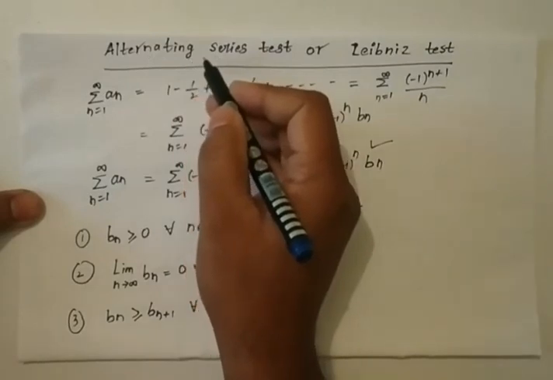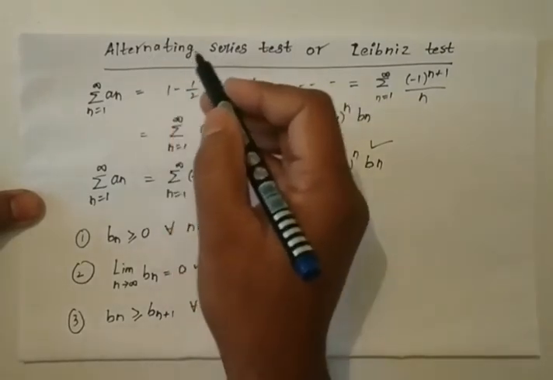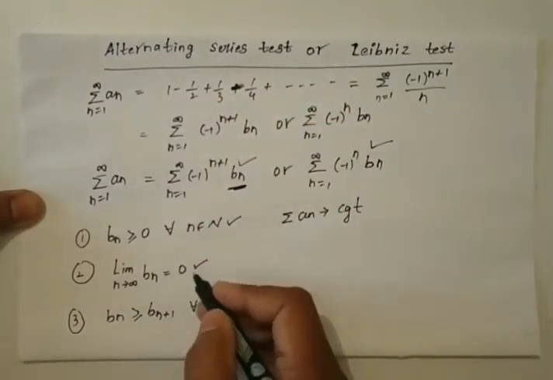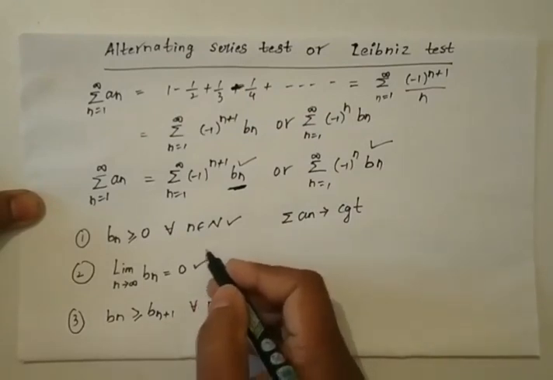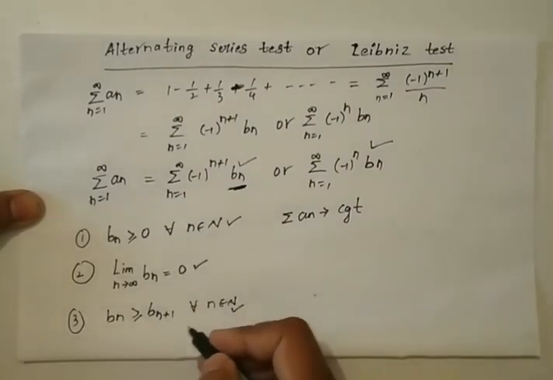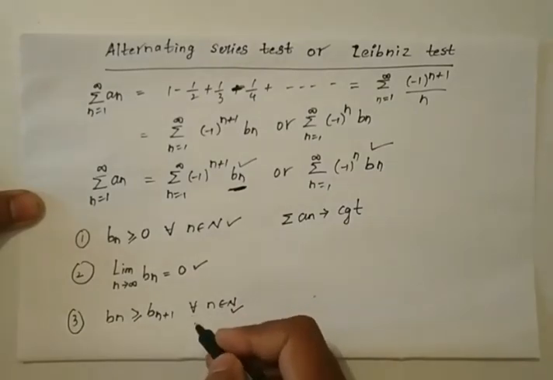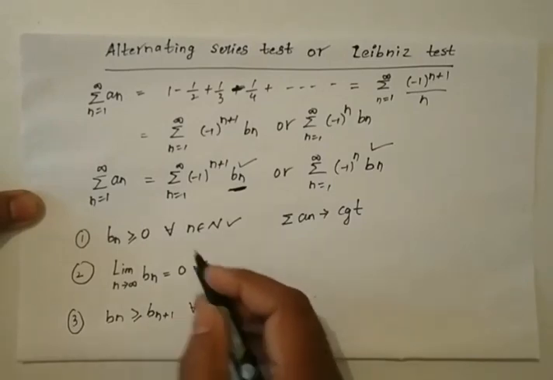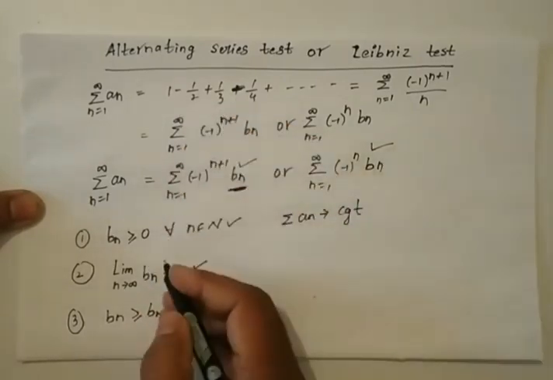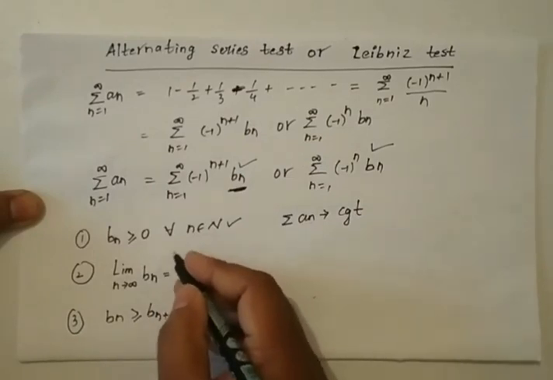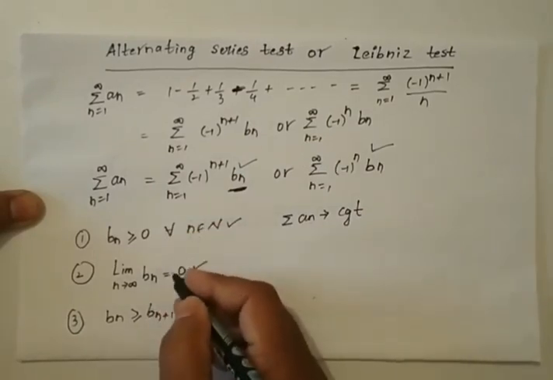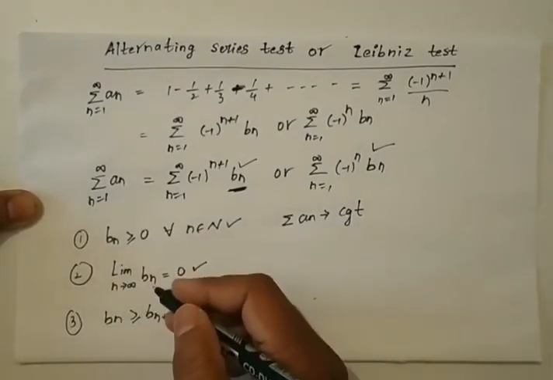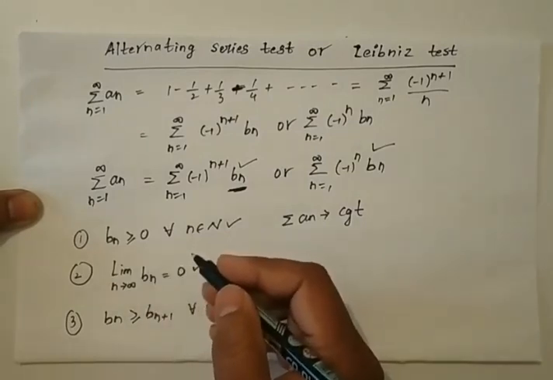If a given alternating series fails to satisfy one or more of these three conditions, then the series may be divergent.